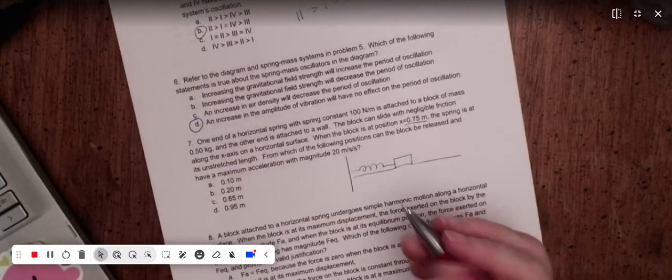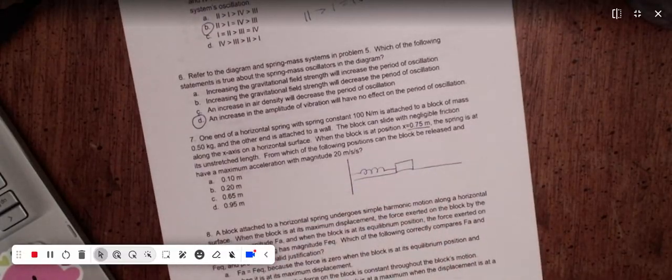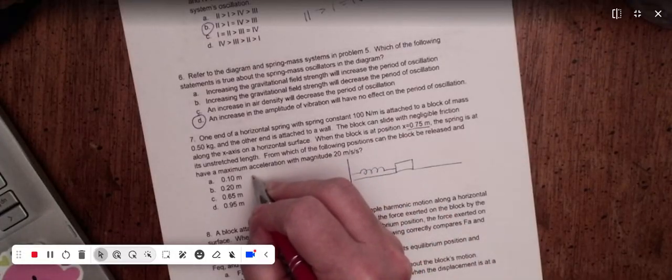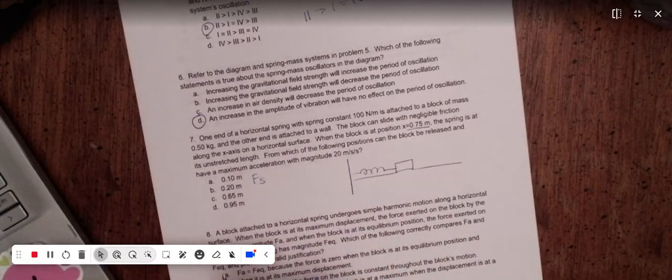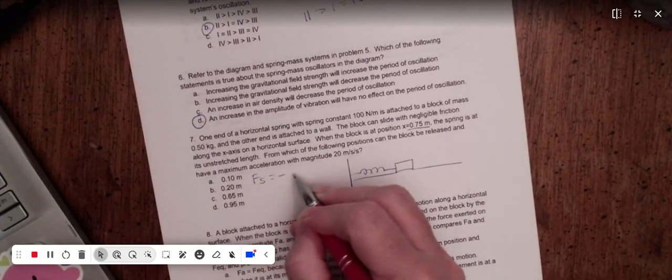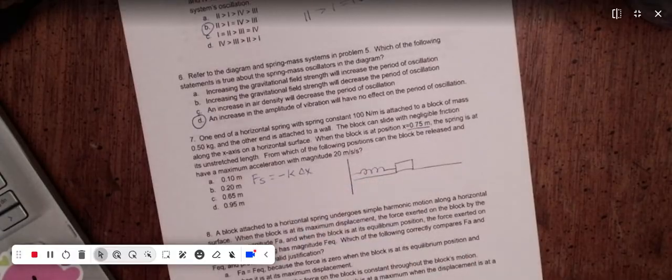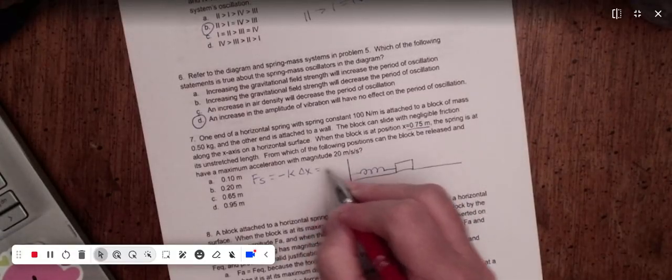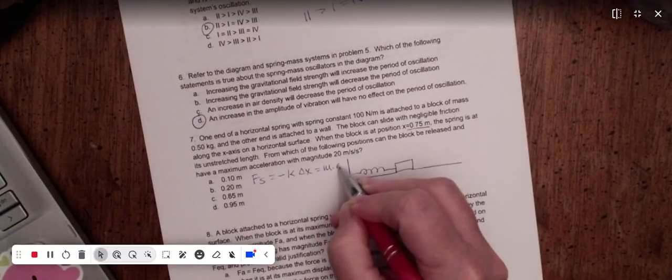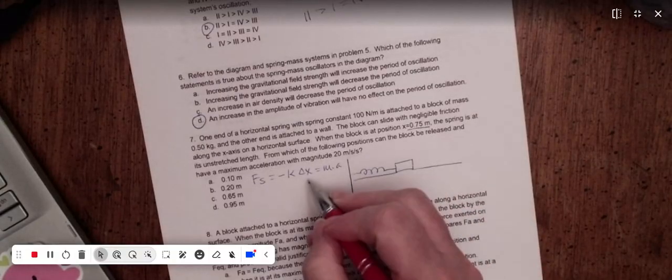So what we're looking for here is position or displacement information. So let's use our restoring force. Our spring force is minus k times, this is really delta x, equals m times a. And we're going to solve for this.